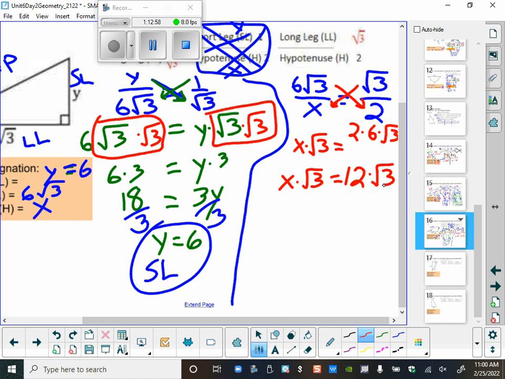Then type in the division symbol. And then type in square root of 3 again. What do you get? Square root of 3 divided by square root of 3? Try it again. You get 1.